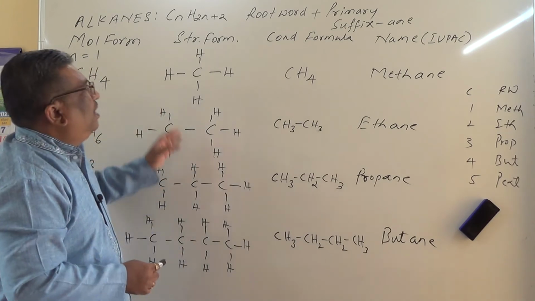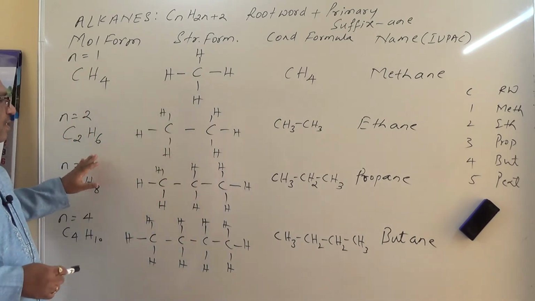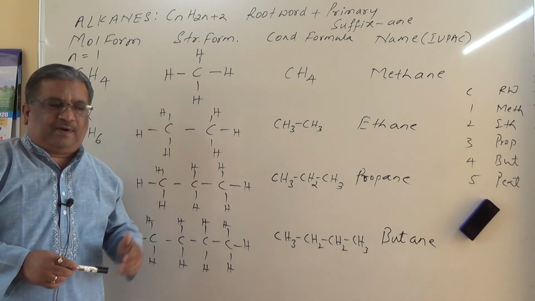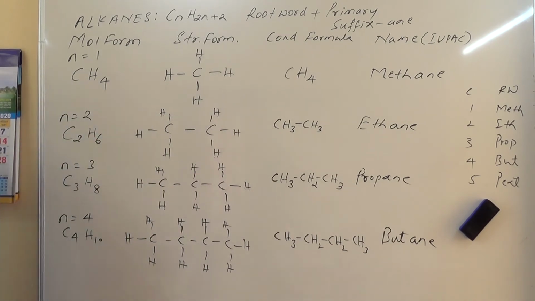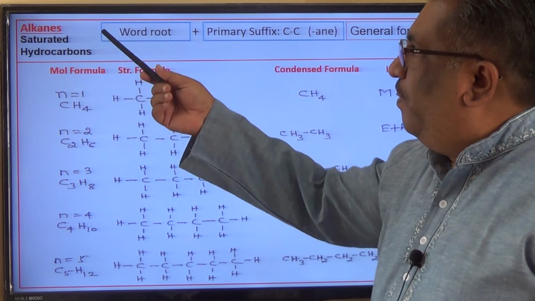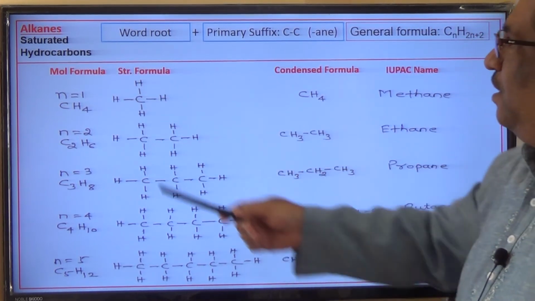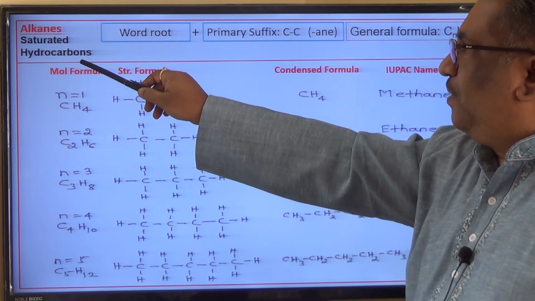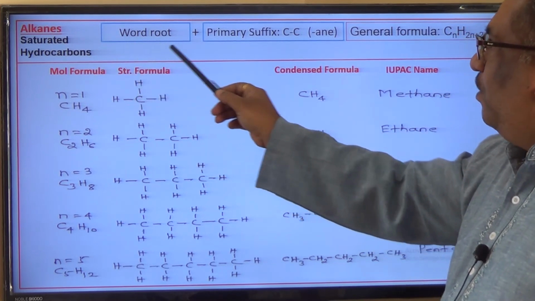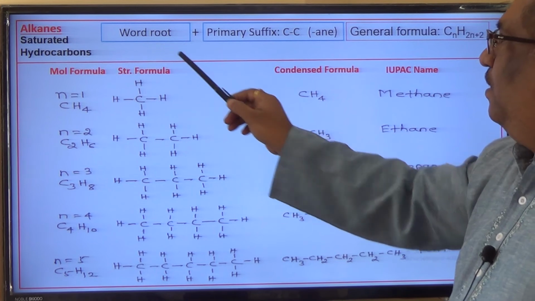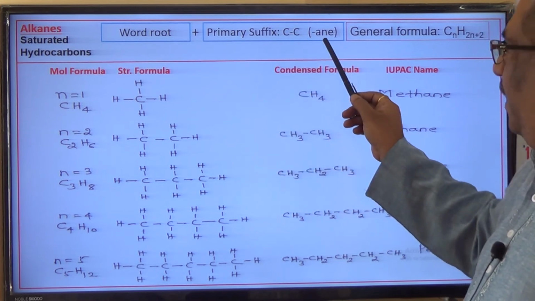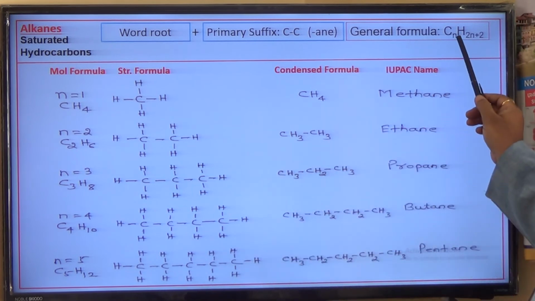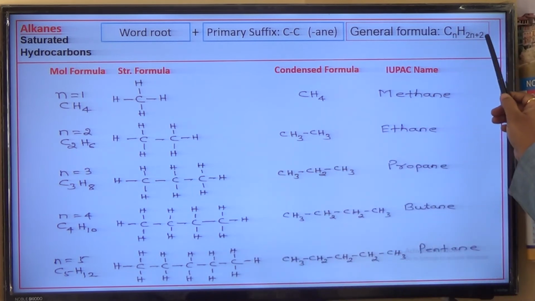So I hope you have understood how to write these things. I will direct you once again to the PPT, make good notes out of that. Make a note of all these things. Molecular formula, first alkanes. Alkanes are saturated hydrocarbons, and IUPAC nomenclature consists of the root word and primary suffix, and the general formula; all these compounds are derived from the general formula CnH2n plus 2.